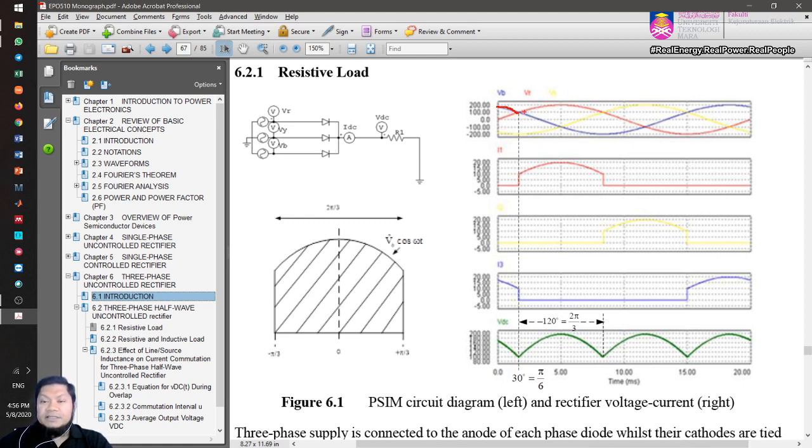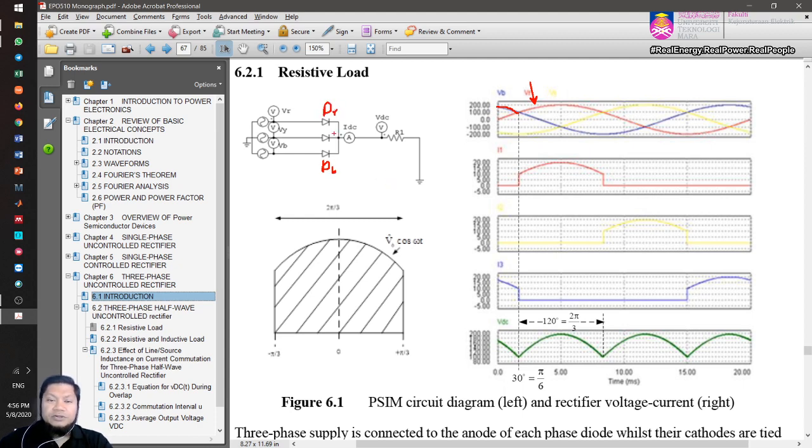After this 30 degrees, what you can see is that now the highest potential is actually at the red phase voltage. So the diode will now commutate. There is a commutation of current, a change of current from diode blue to diode red.